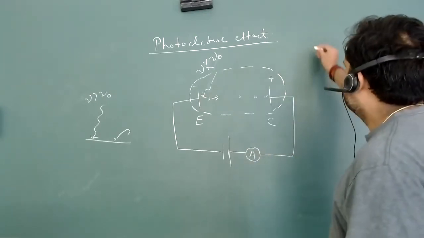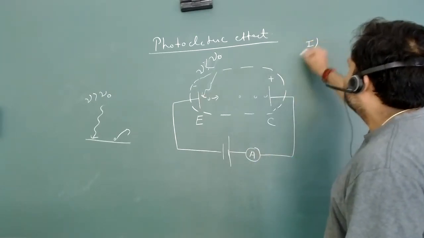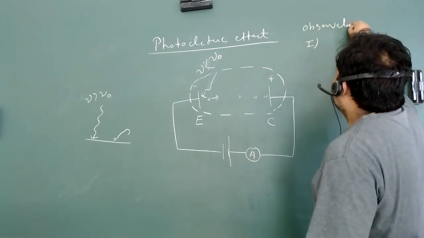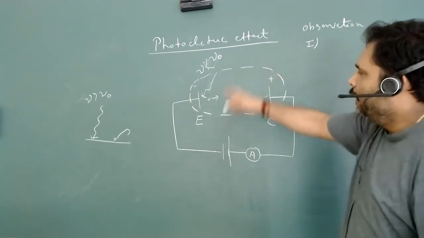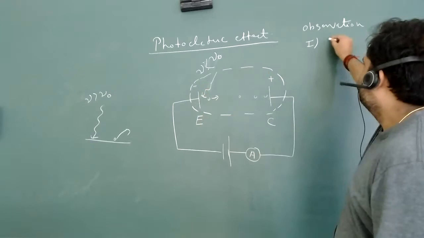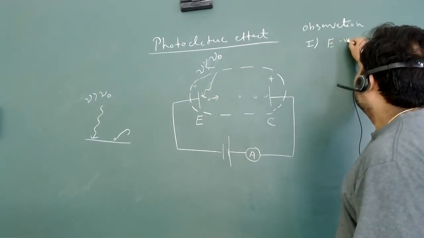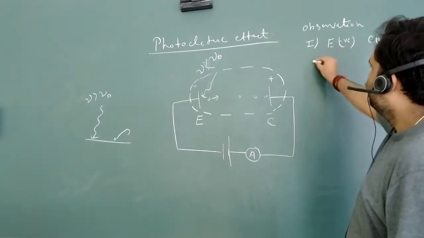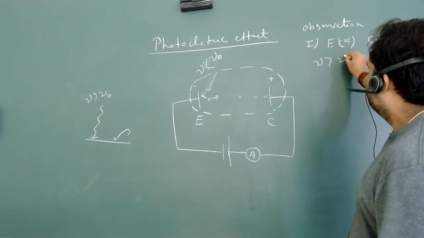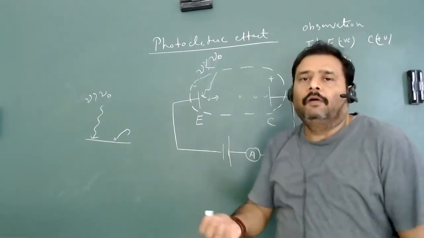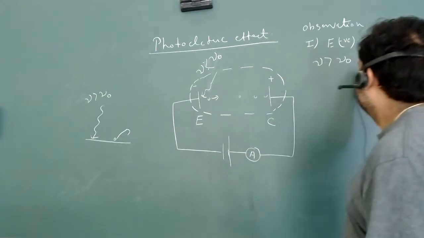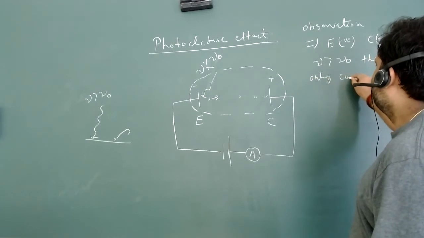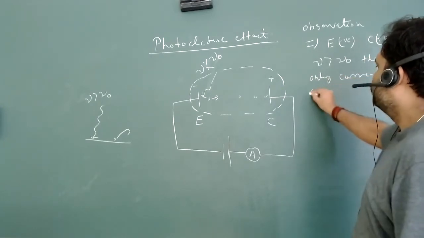So what is the first observation? Here we are writing the observations. The first observation is with the emitter negative and the collector positive. What we have seen is that if nu is greater than nu naught, then only current can be measured.